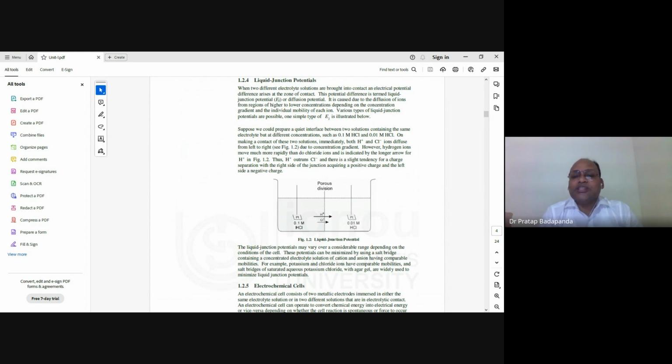If in the picture you see, here is HCl and here is HCl, but the concentrations differ: 0.1 molarity on the left-hand side. You cannot take two different types of liquid, but the same liquid having different concentrations, you can take. Now I'll explain these things another way.